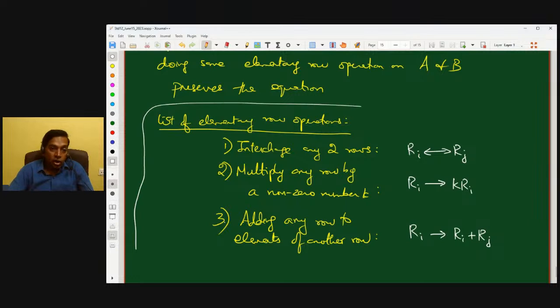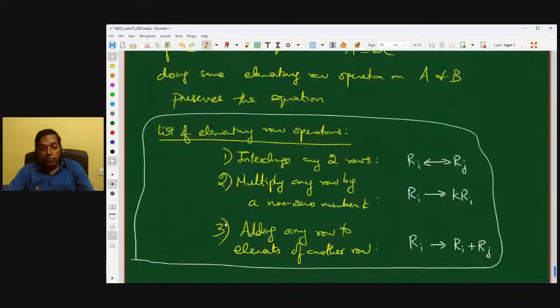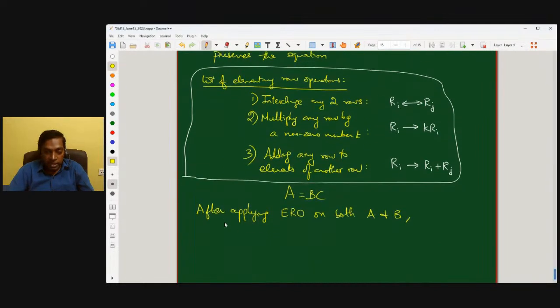Now, these three operations are called elementary row operations because if you have an equation A is equal to BC, after applying elementary row operations, let me just call it ERO, on both A and B, we will get A1 is equal to B1C.